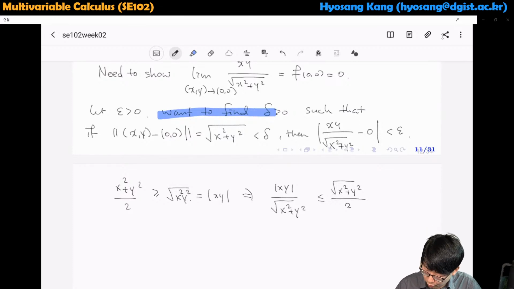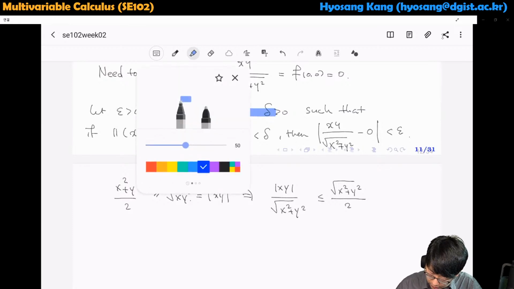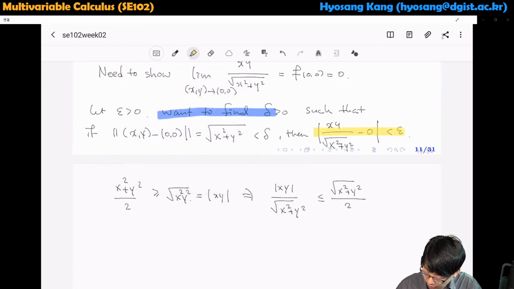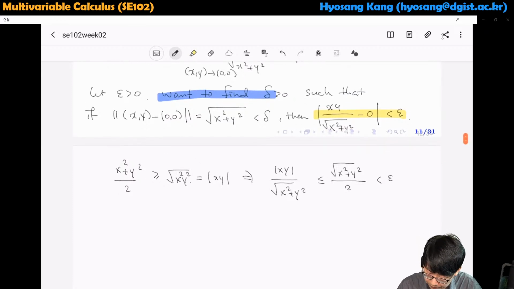Now what we want is for this inequality to be true. If this is less than epsilon, then everything is fine. So let delta be equal to epsilon.